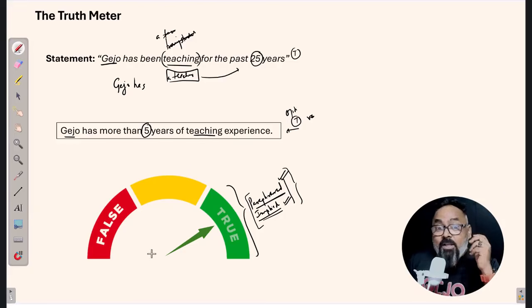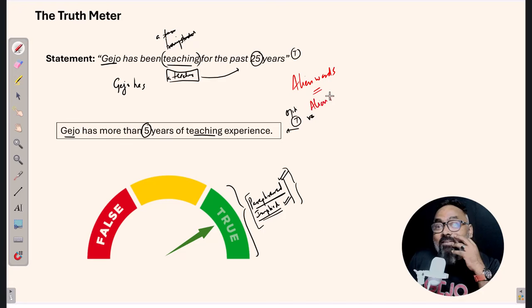Most of the time the problem happens when you assume that alien words equal alien ideas. No, alien words are not always equal to alien ideas. Sometimes they are, but not always. We can use different words.